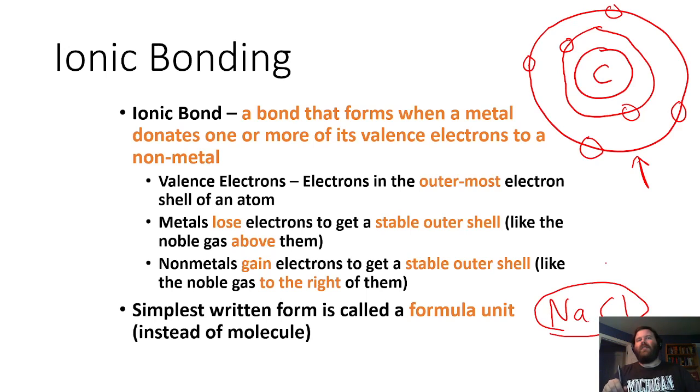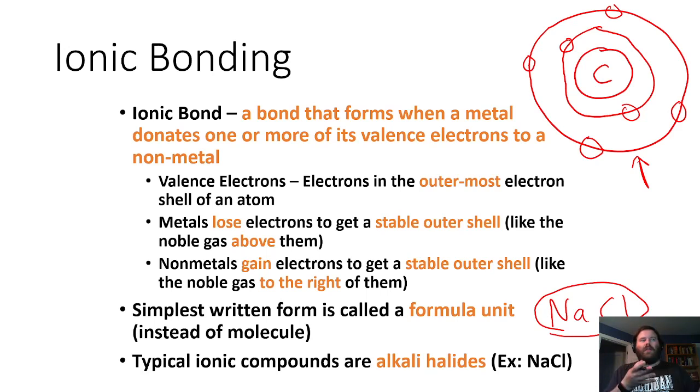You could have a molecule of carbon dioxide floating around, but you're not going to have just one pair of sodium and chlorine floating around together as one molecule. They're usually in groups of much larger ones. So technically this is called a formula unit instead of a molecule.